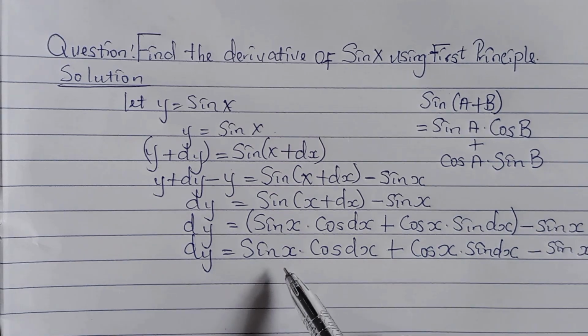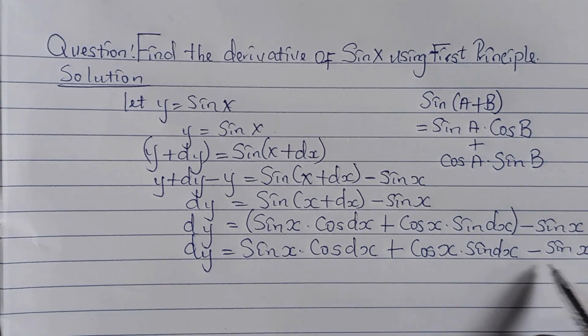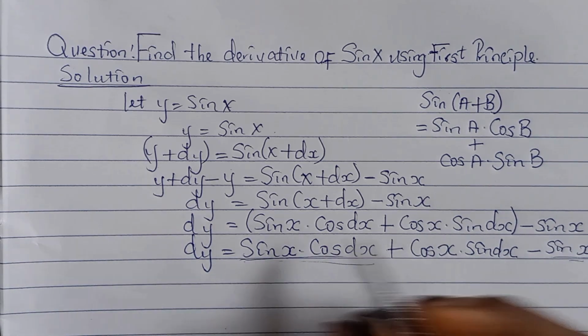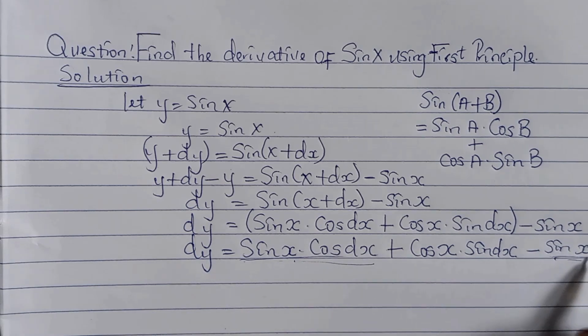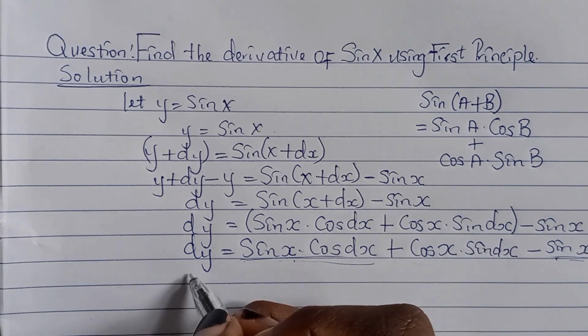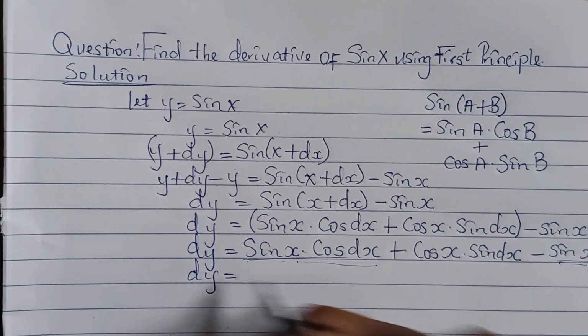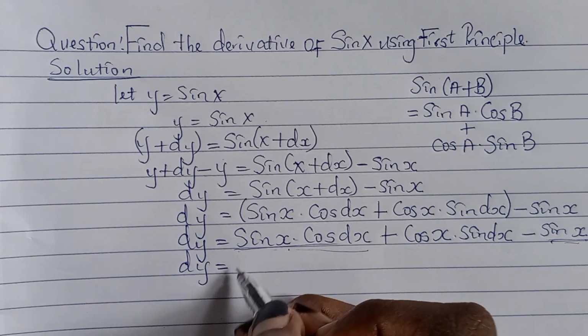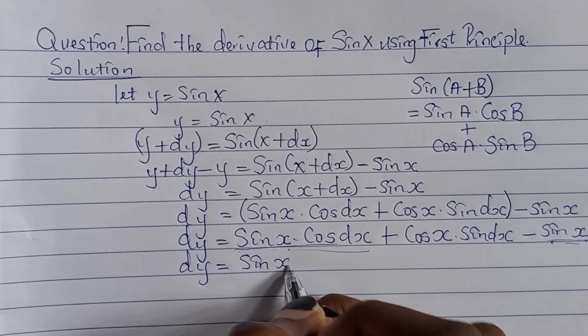Here we can simplify by bringing out the common factor, which is between this and this. Here has sine x and here also has sine x, but there's no common factor here, so let's bring out the common factor. The common factor, as we said, is sine x.